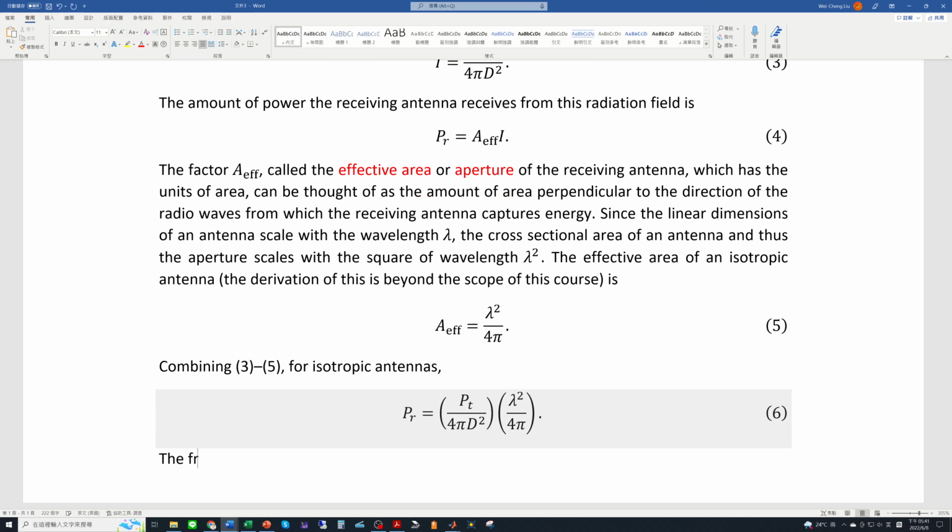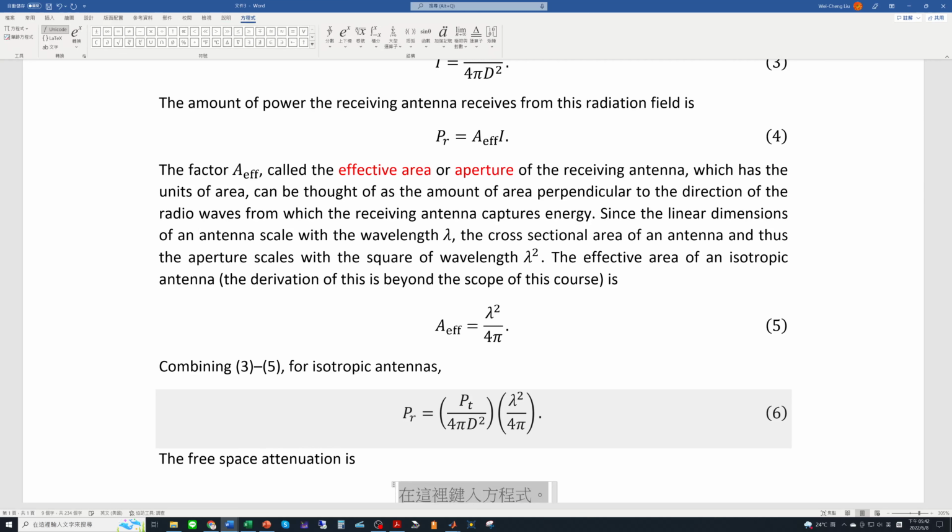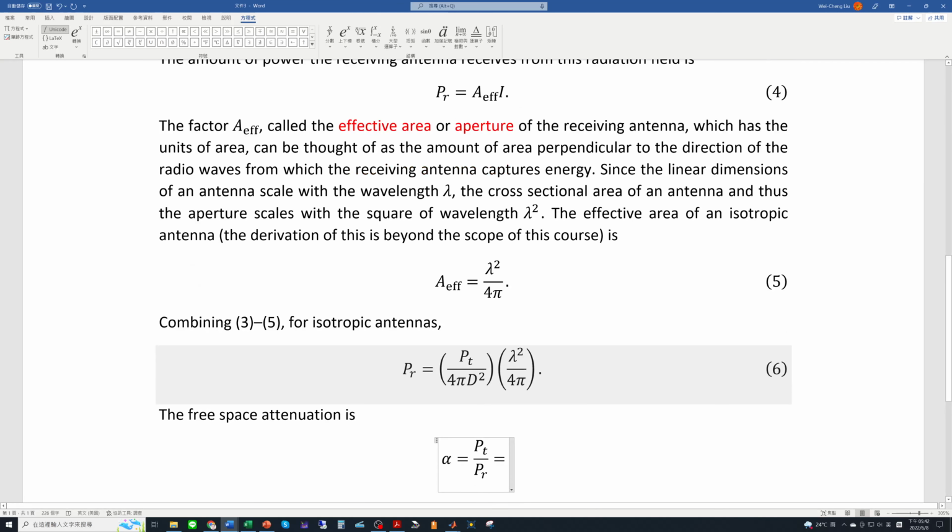The free space attenuation is alpha, equal to PT over PR, which is equal to 4 pi d squared times 4 pi over lambda squared.